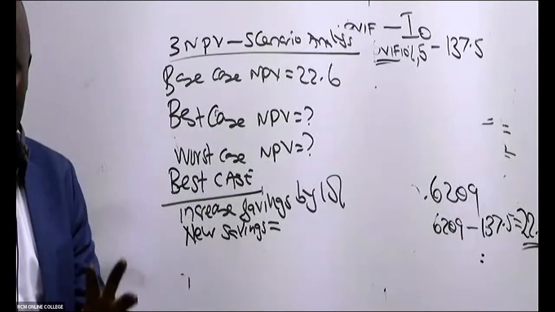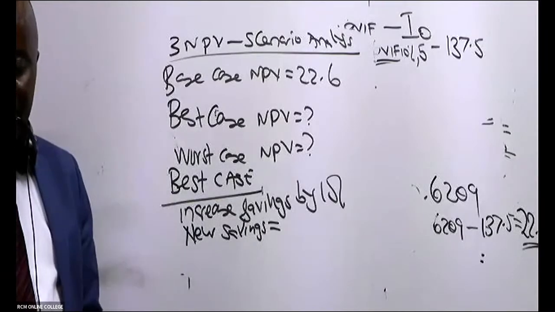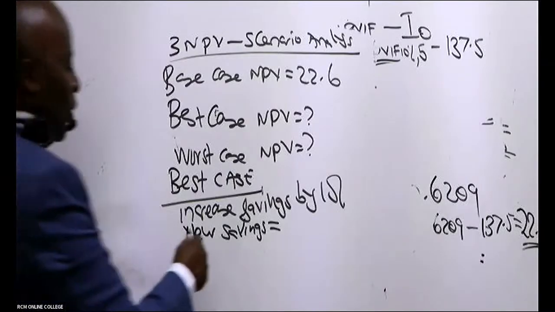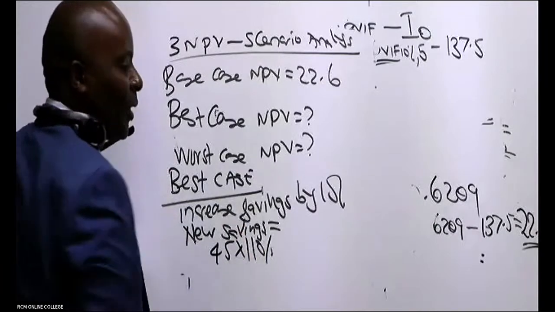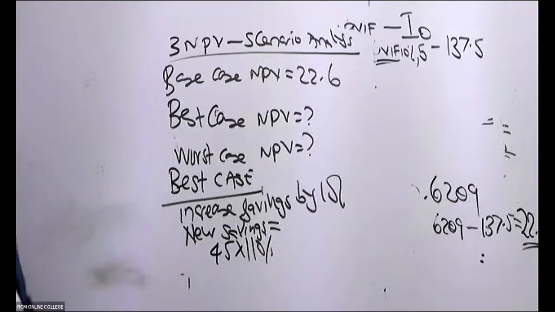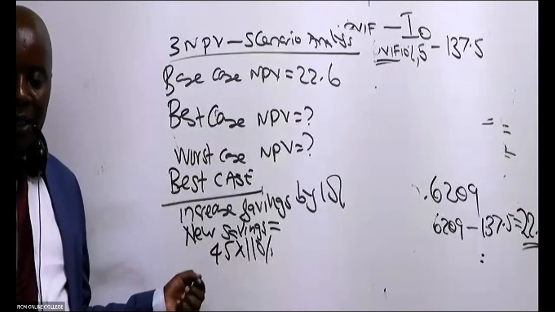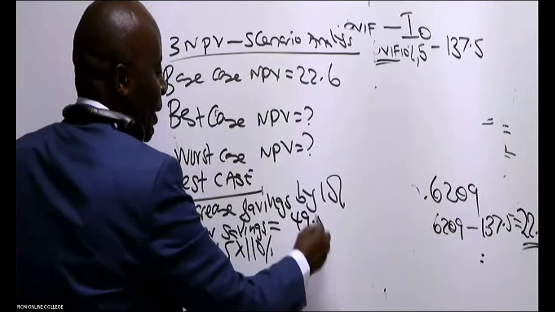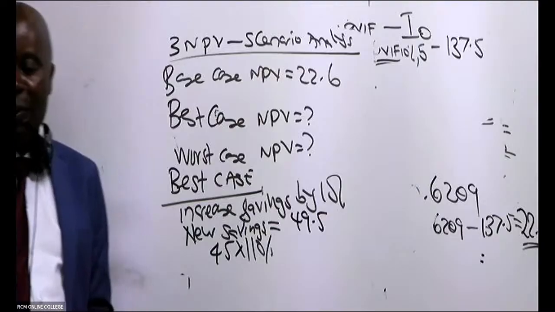Now we are being told to improve this by 10% to go to the best. 49.5, because it will be 45 times 110%, or you get 10% of this 45, then you add it. That gives us 49.5. Then I would want to give you exactly 5 minutes.